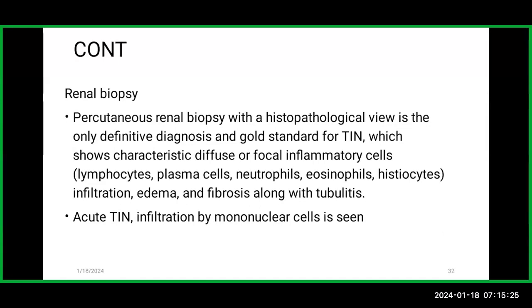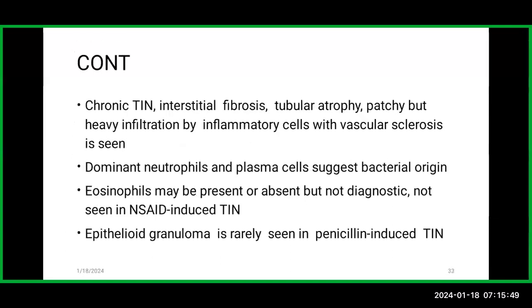Renal biopsy, which is the percutaneous biopsy with histopathological view, is the only definitive diagnosis and is the gold standard, where we see diffuse or focal inflammatory cells like lymphocytes, plasma cells, neutrophils, eosinophils, histiocyte infiltration, edema with fibrosis along with tubulitis. In the acute state, infiltration by mononuclear cells is seen, while in chronic states, there is fibrosis and tubular atrophy, which can be patchy, with heavy infiltration by inflammatory cells with vascular sclerosis.